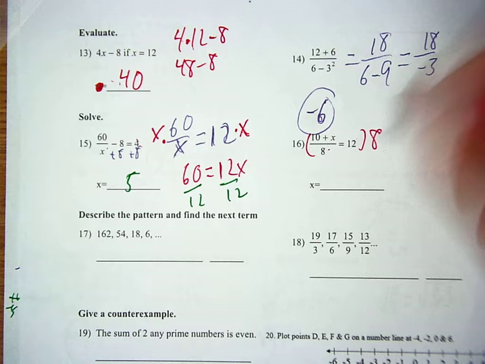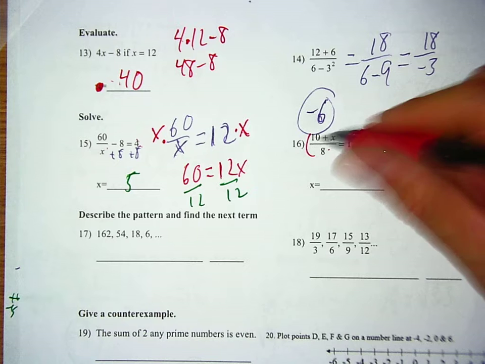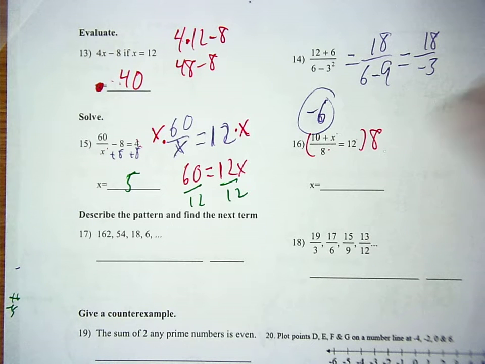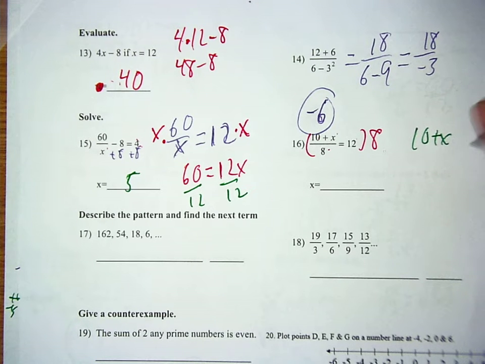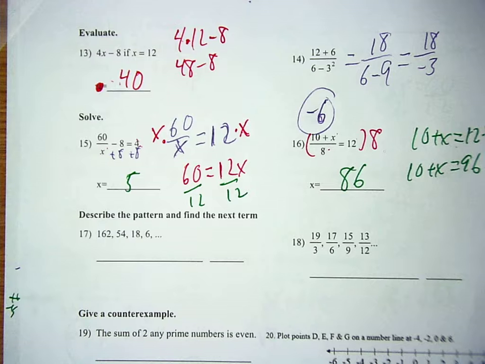So here I'm clearing the 8 out by multiplying everything by 8, everything meaning both sides of the equation. So the x and 10 don't multiply separately by the 8 because they already have the 8 as the denominator. So they become 10 plus x. They don't change. But the 8 does multiply by the 12 here, which will make a 96. Subtracting 10 from 96 equals 86, my finished answer.